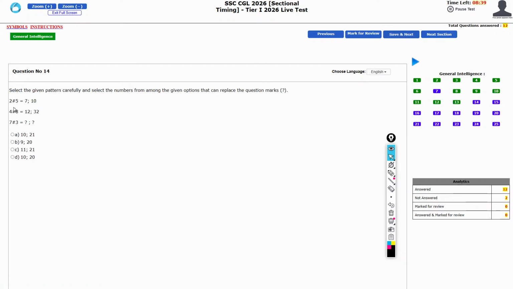Next one is okay, plus into plus into, so plus 10 into 21. Definitely false, definitely false. So P greater than B.